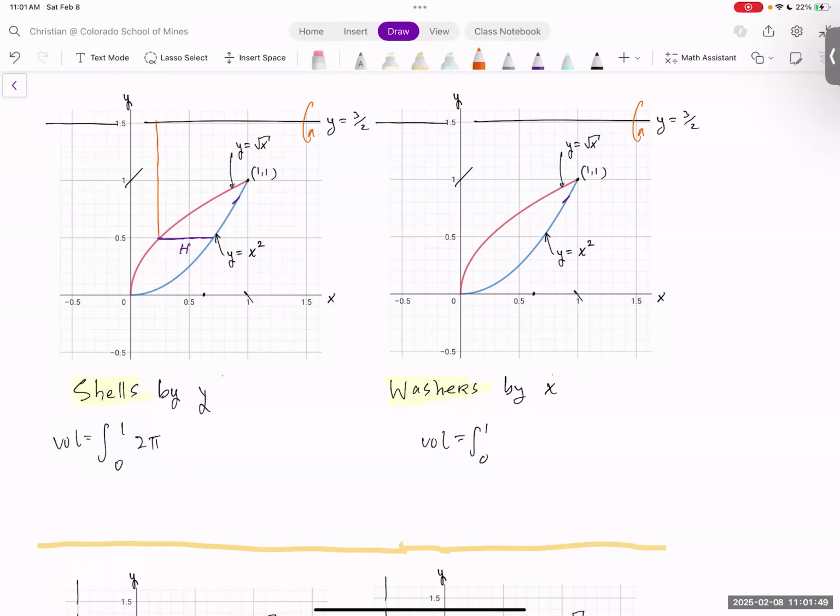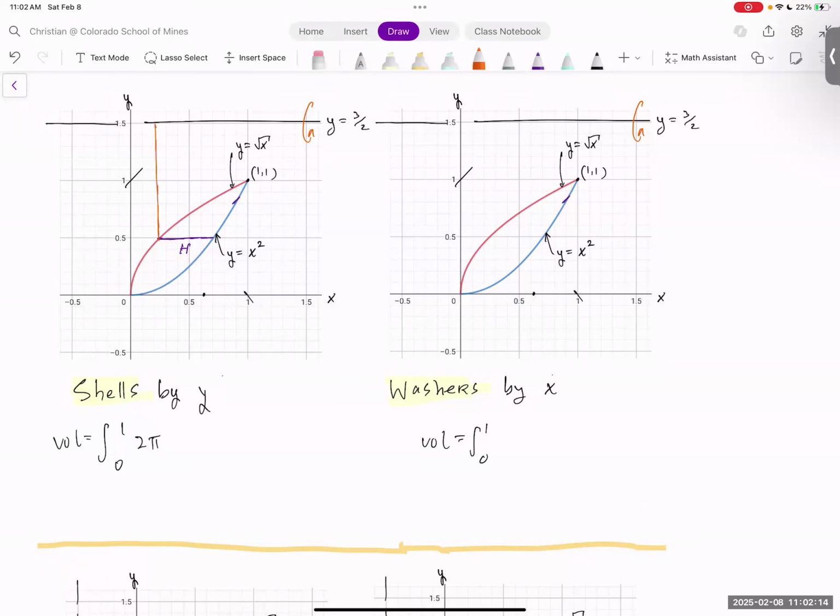Could draw it there. We could draw it over here. It wouldn't matter. Let's put it back there.